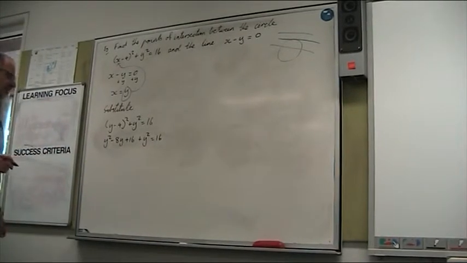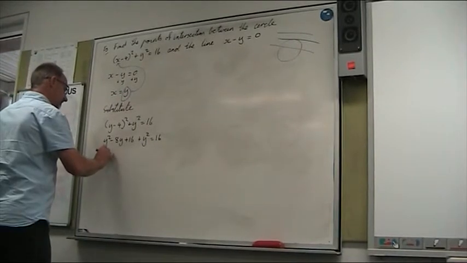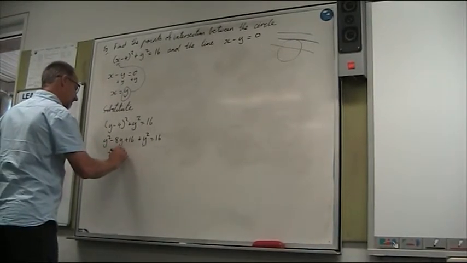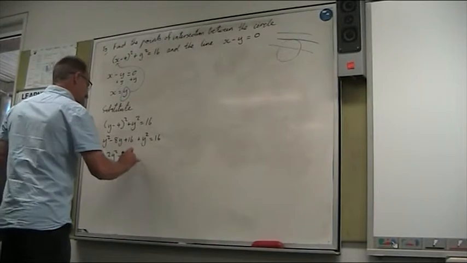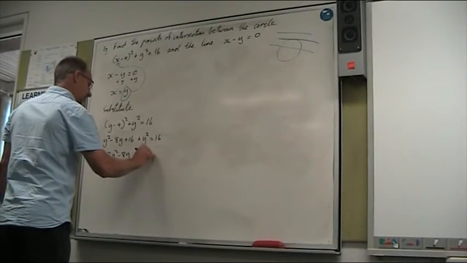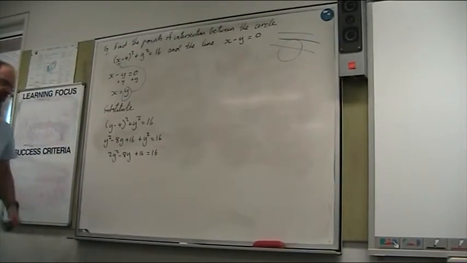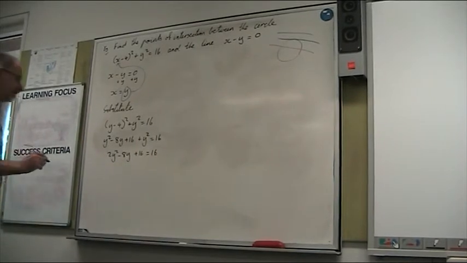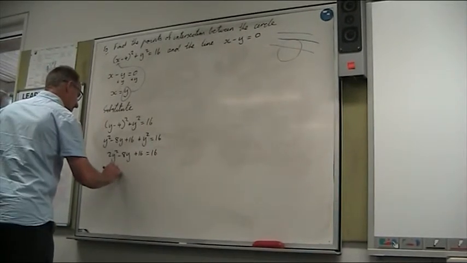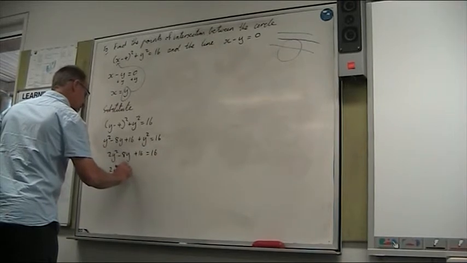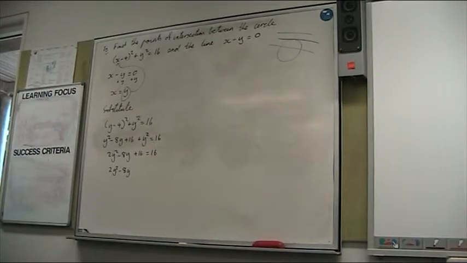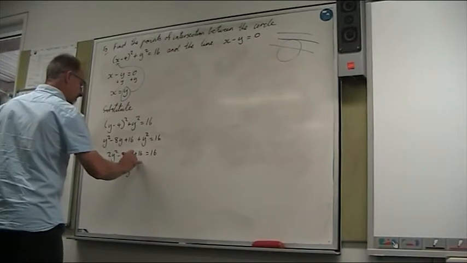So when we collect some like terms, we'll get 2y squared minus 8y, and then we've got plus 16 equals 16. So when we neaten that up, we would get equals 0, take 16 from both sides, yeah?